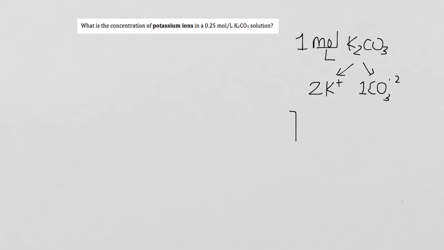So if I'm trying to represent this in solution, let's say 1 mole per liter is represented with 1 formula unit of K2CO3, and I only have 1 liter. When I'm drawing this, K2CO3 is a formula unit, right? It might look something like K2CO3.